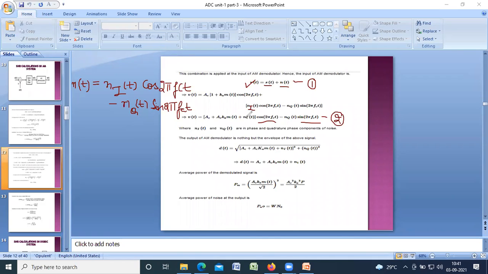This is nQ(t). nI(t) is the in-phase component of noise, and this is the quadrature phase component of noise. Done? Up to equation number 2.